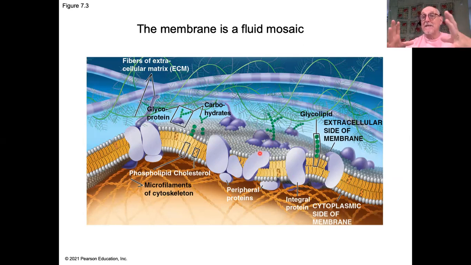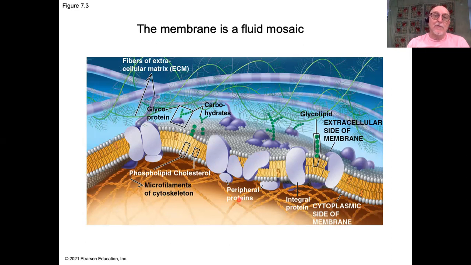We visualize them as being like rafts that can be moved through the fluid of the phospholipid. So this is a highly mobile, very dynamic system. And it's the nature of the proteins which are embedded in it which give it its living quality.